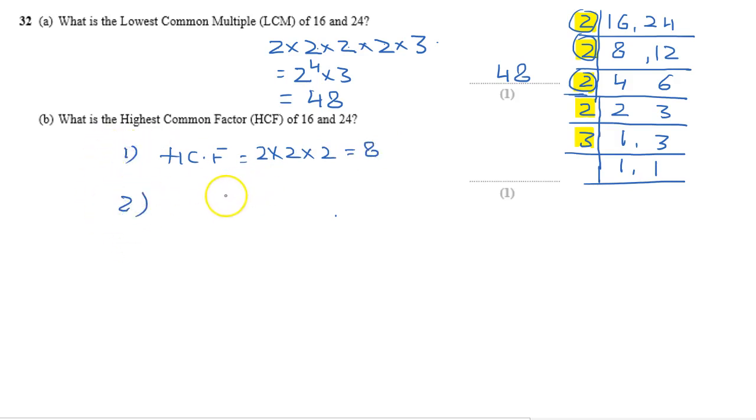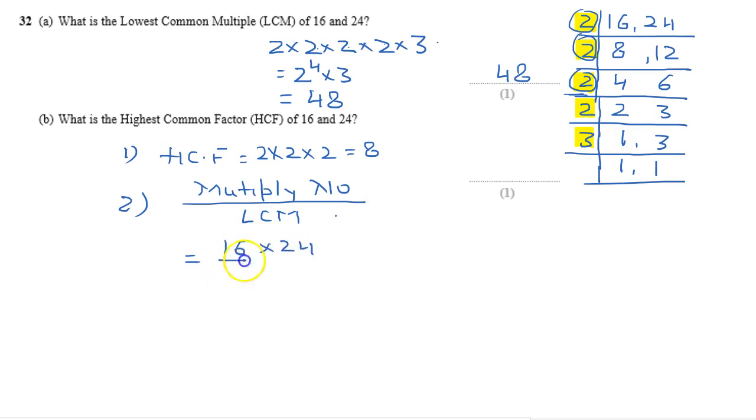The second method is to multiply the numbers and divide by LCM. So the multiplied number is 16 multiply 24 and divide by LCM, that is 48.